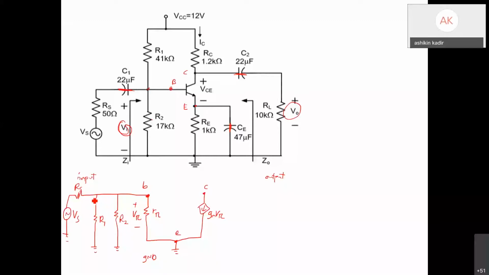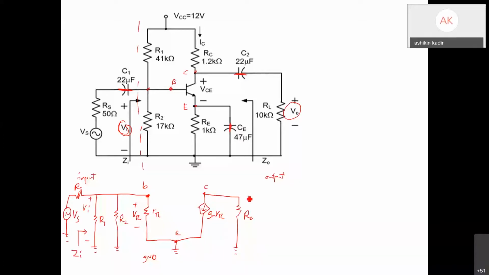So here the input VI is pointing to the base. Base is over here and ZI is before R1 and R2. So ZI is over here and then VI is over here. And then at the output or at the collector you have RC connected to VCC. VCC is ground.